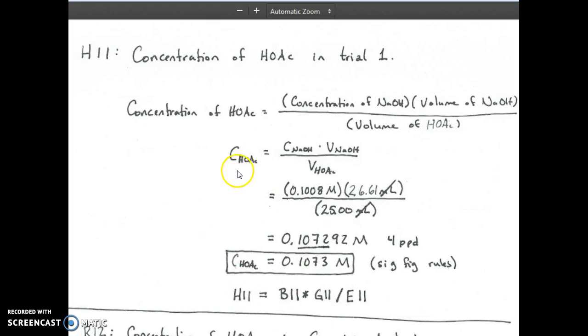Oh, well, H11 was the concentration of acetic acid, which equals the concentration of sodium hydroxide times the volume divided by the volume of the acetic acid. Then you actually plug the numbers in, and then you write down the actual answer. Okay, so as long as I see the cell formula, what each of those cells represents, which is right here, and the numbers and the answer that go with it, I will be happy. Okay, so if you have any more questions about that, please email me and we can talk about it.